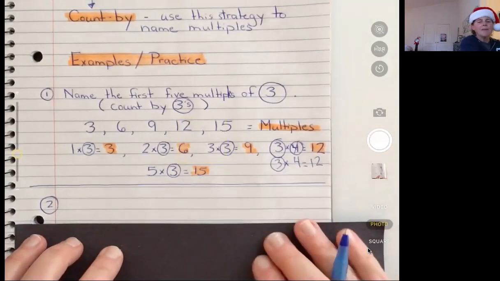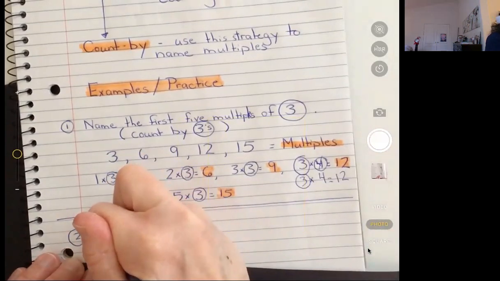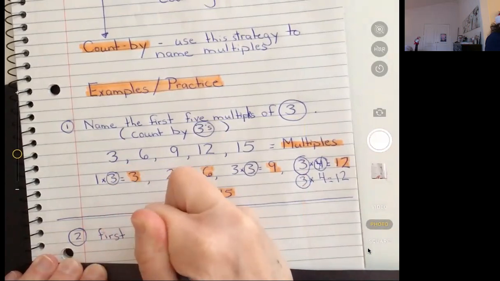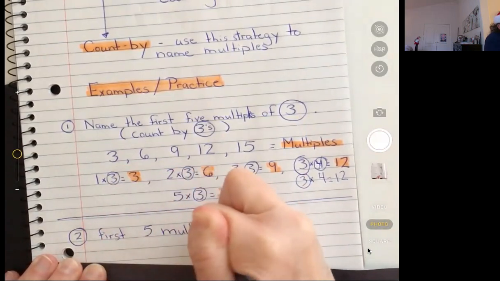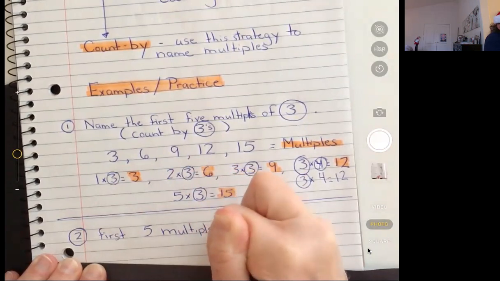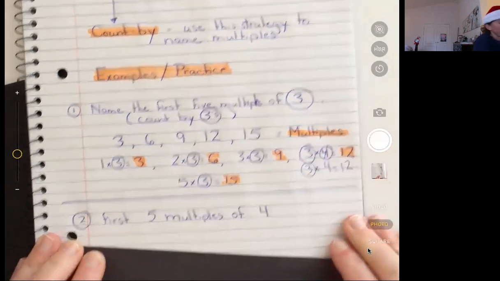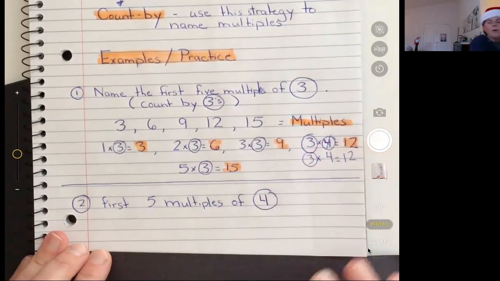This time we are going to write the first 5 multiples of 4. That means 4 is going to be my count by.